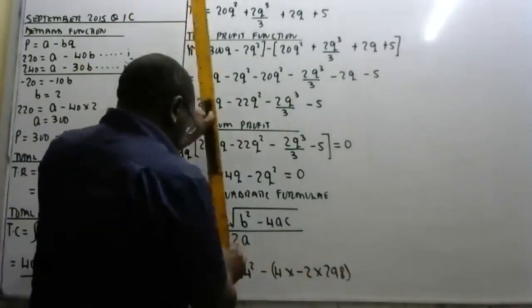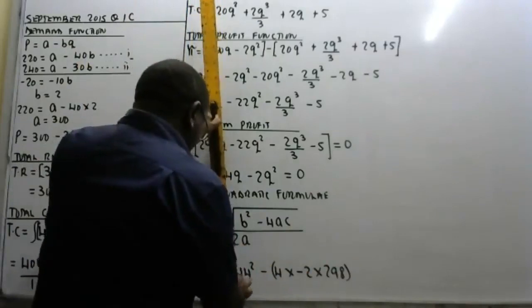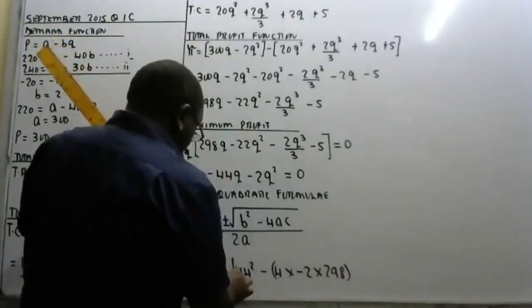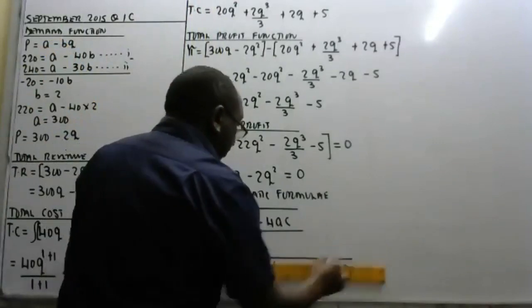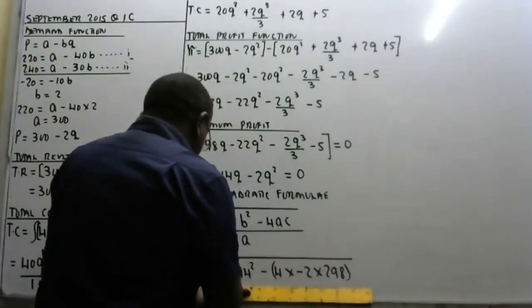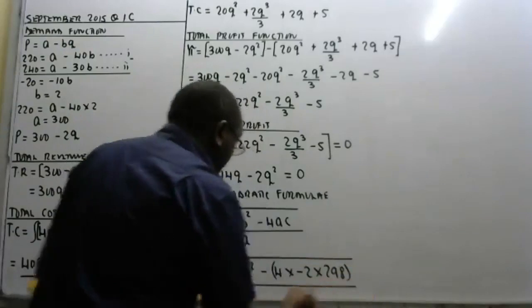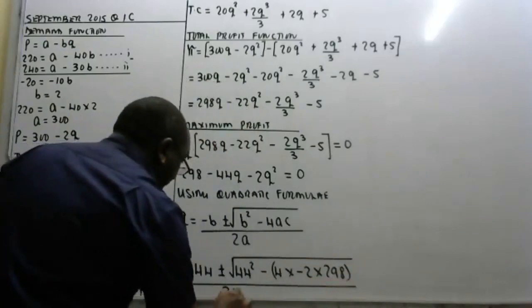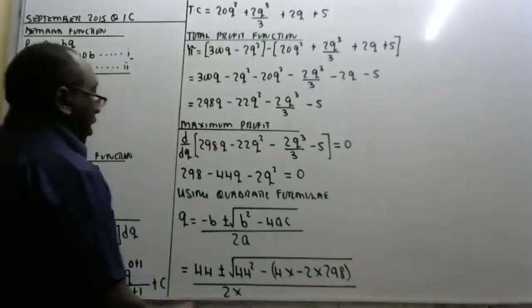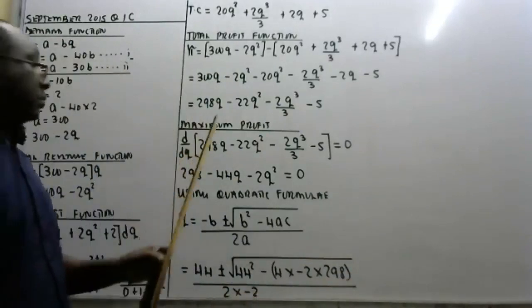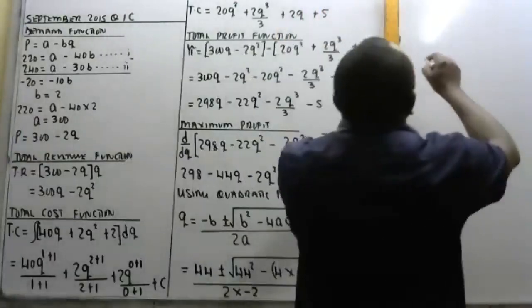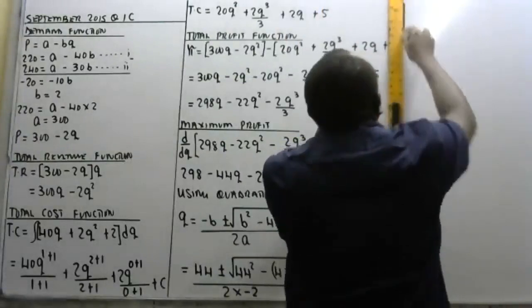So this one, we need to get the square root of it. And then the whole of this, you divide by 2 times A. A is minus 2.